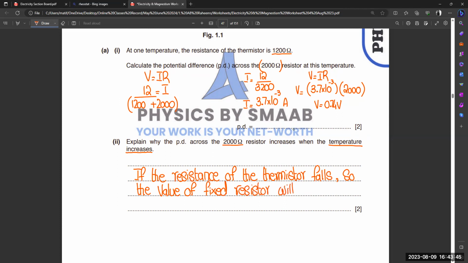A fixed resistor does not depend upon the temperature, the thermistor does, and that will also affect the other components in the circuit.